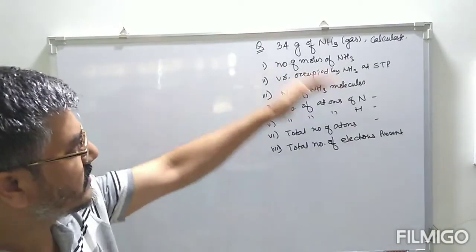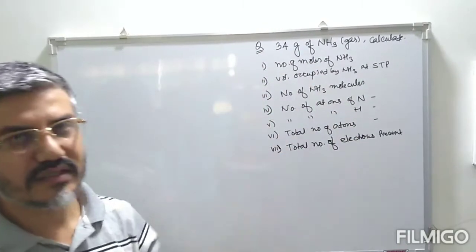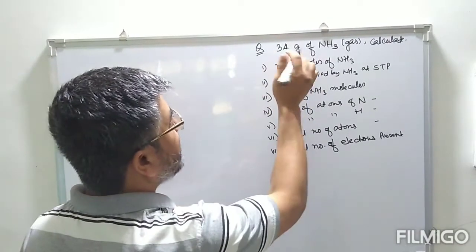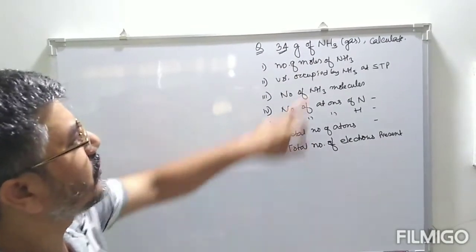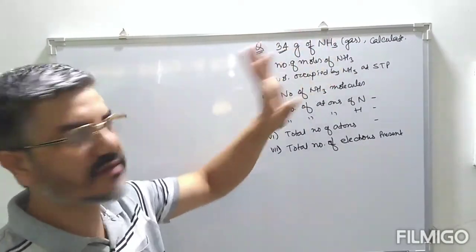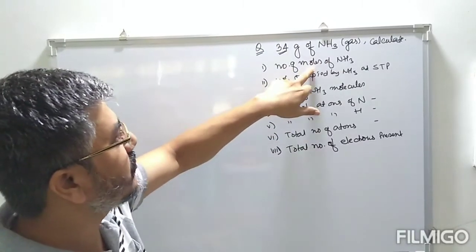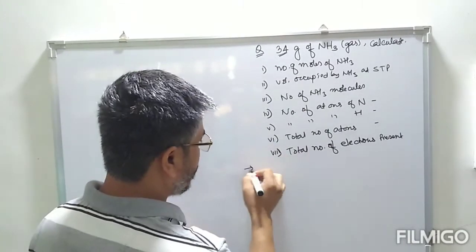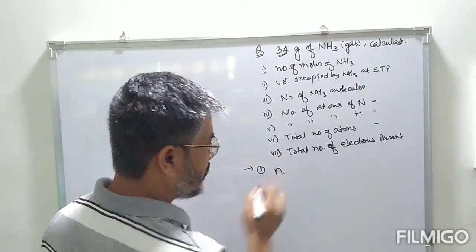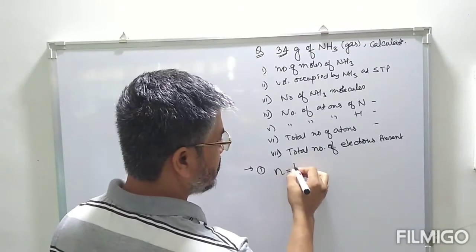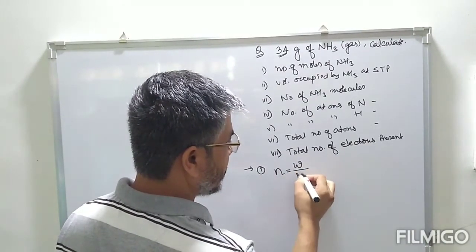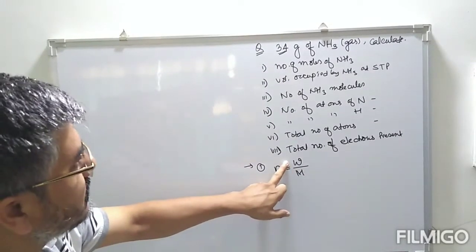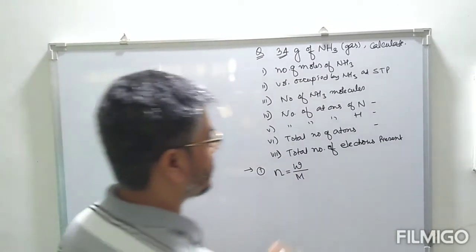So let's see how we can define these terms. First of all, look at this. Mass is given. The molecule is defined as ammonia molecule, and the formula is given. So we have to define the number of moles from the given mass. The approach should be: number of moles is equal to mass of the given substance divided by gram molecular mass. Mass is given, so we have to define gram molecular mass.